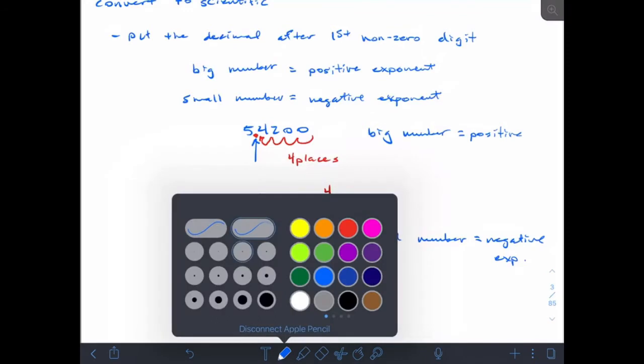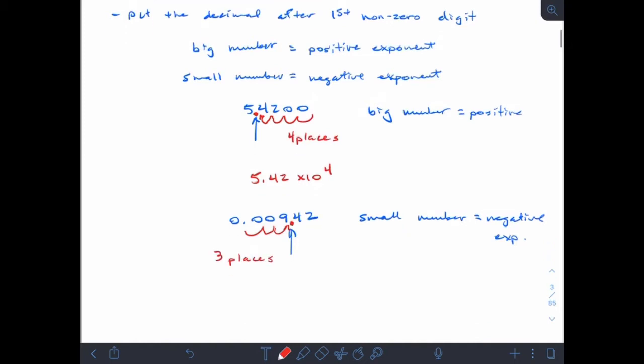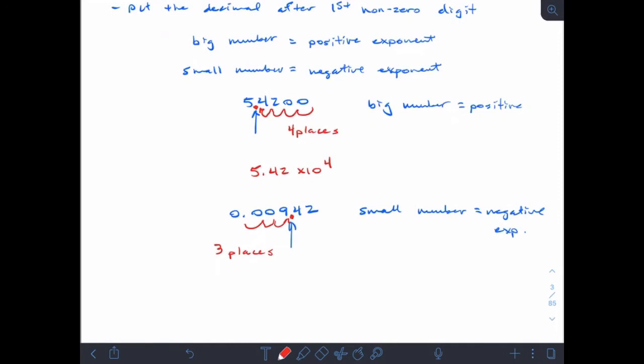So it's going to go right there, after the 9. Okay, now I'm going to count how many places I've moved my decimal place. 1, 2, 3. Right? So this number in correct scientific notation should be 9.42 times 10 to the minus 3.